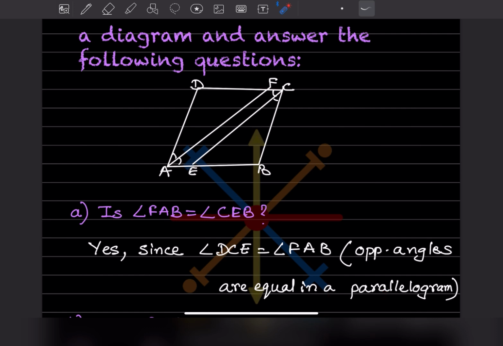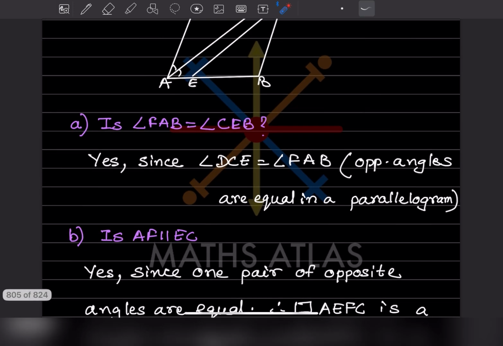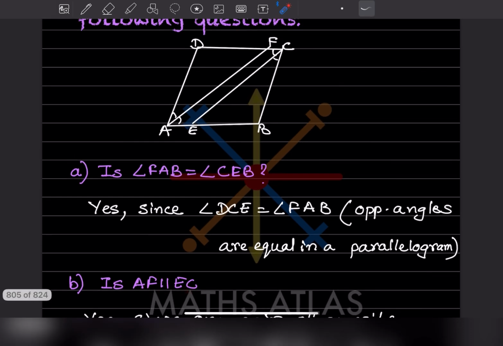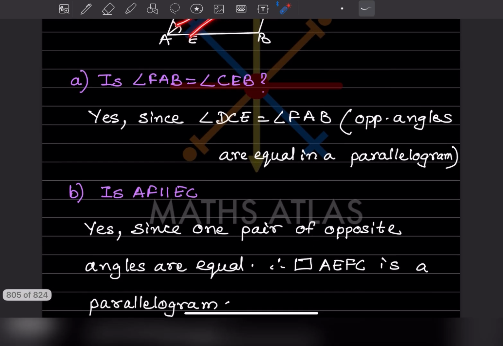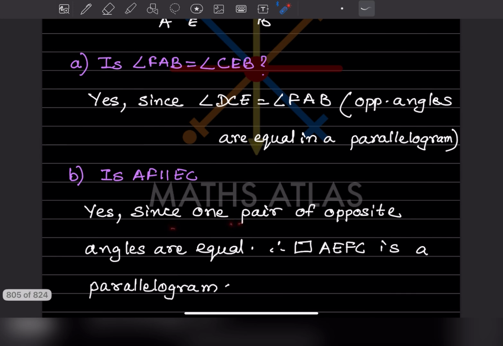And AF is parallel to EC, yes. Since one pair of opposite angles are equal, therefore we can say the quadrilateral AECF is a parallelogram.